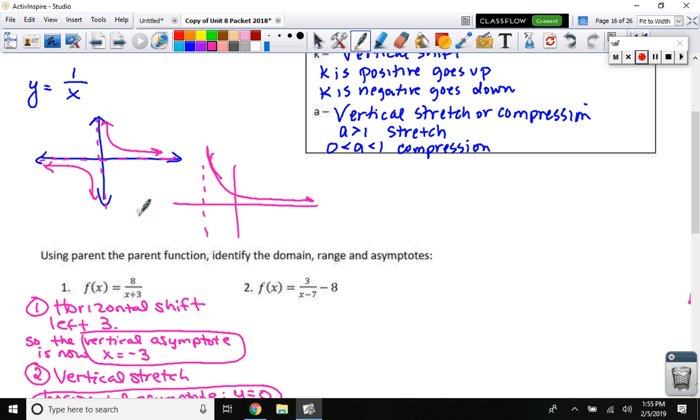But it's still going to approach, okay? And it's still never going to cross this x-axis. You all right with that? So your horizontal's not changing. What about your domain and range? What's my domain of this? X is all real numbers except -3.